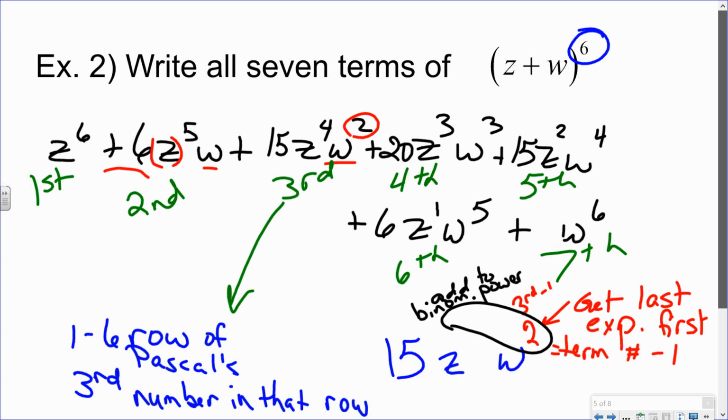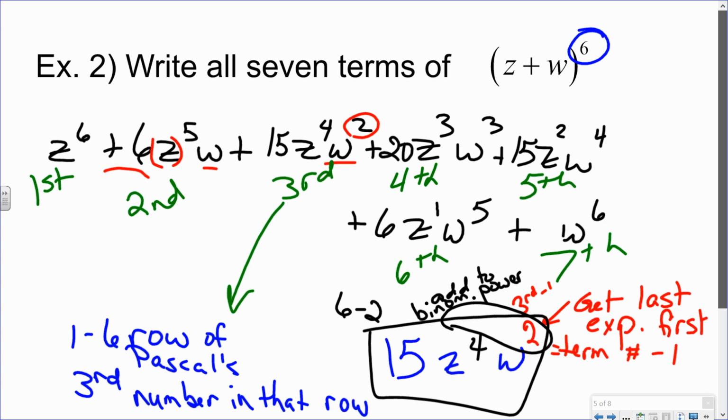So in this case, they have to add to 6. So we take 6 minus 2, and this exponent has to be 4. So without writing all of that out, I could have come up with 15 z to the 4th w squared.